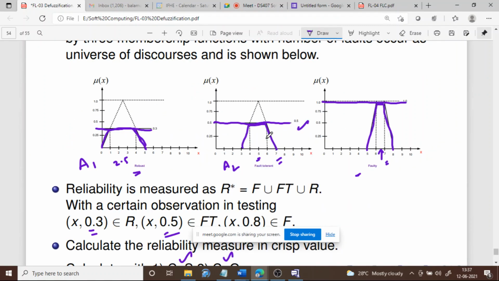Okay, so these are the various defuzzification techniques. In the last class we discussed alpha cut or delta cut, and in this class we discussed various centroid based methods.